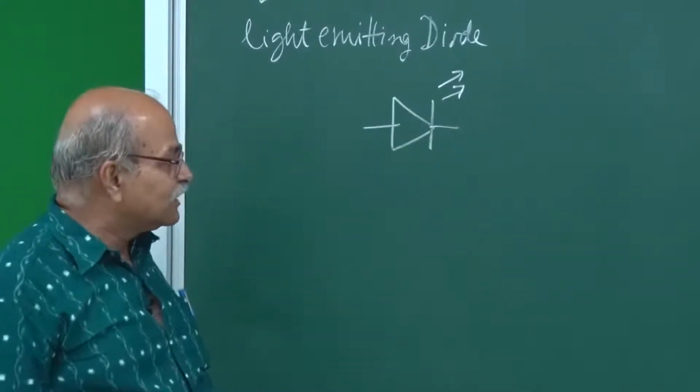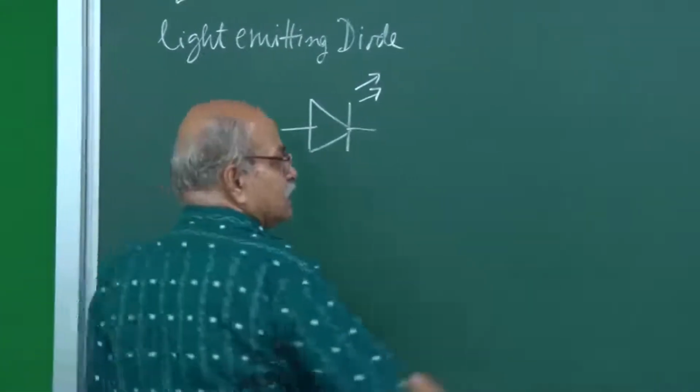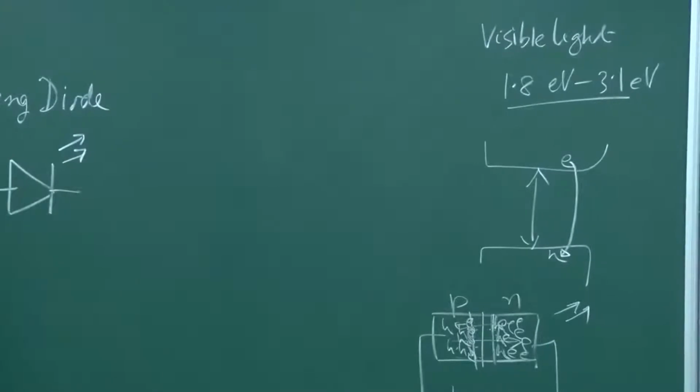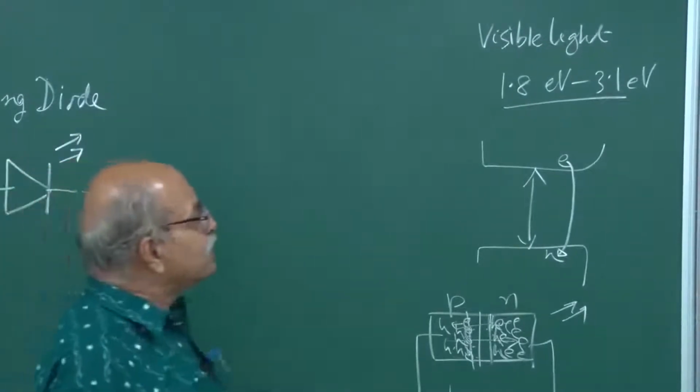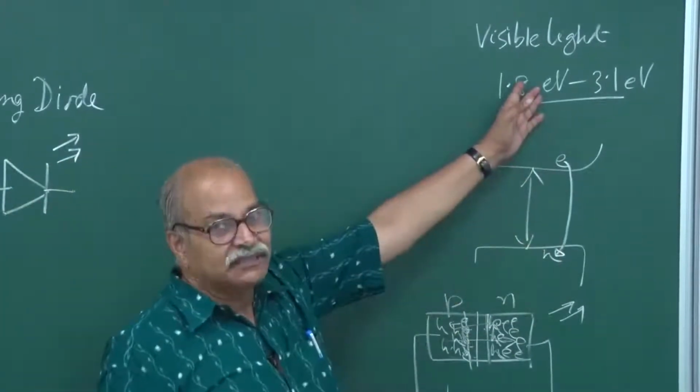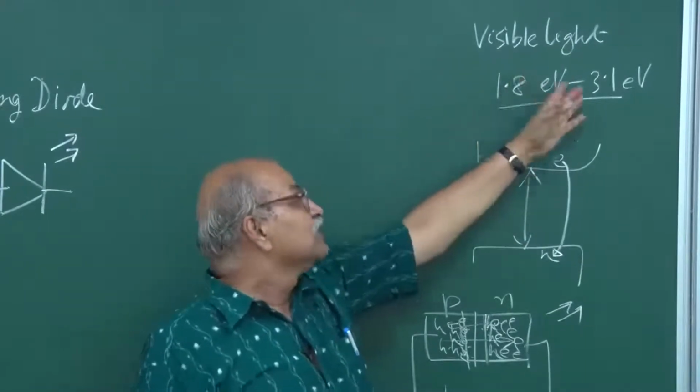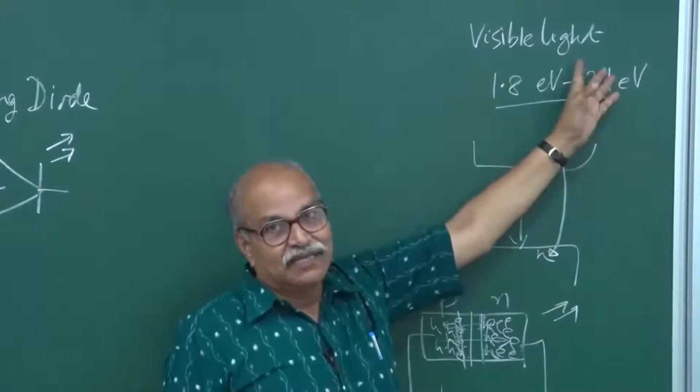So, what are the requirements? The first is this band gap should be in the visible range. Okay. So, for red, this is the photon energy. So, band gap should be around this, and for blue the band gap should be around this.